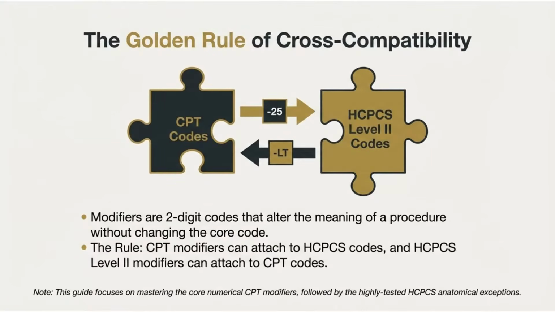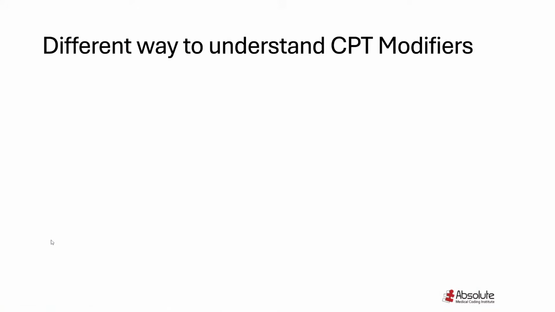Good job. Everybody that's coming through is saying where it is. And indeed, it's in the inside cover, the front cover. That's where you'll see your modifiers, and that's where you'll need to reference when you're taking your exams. All right. And to tell the difference, a CPT modifier is two numbers, and a HCPCS Level II modifier has at least one of the characters as a letter. Okay? All right. So just thought I would tell you that.